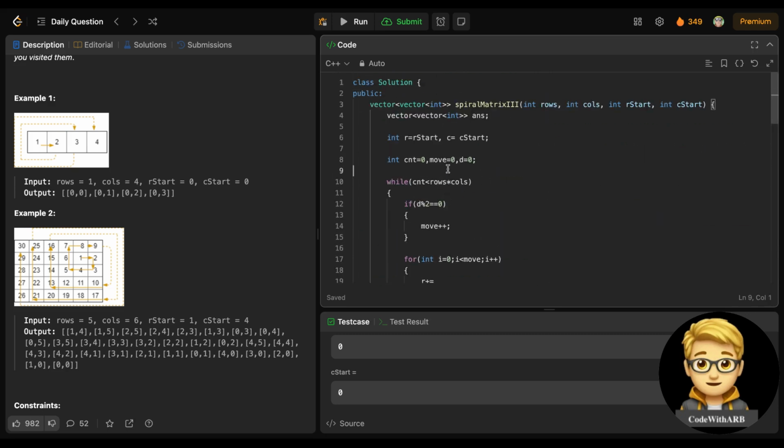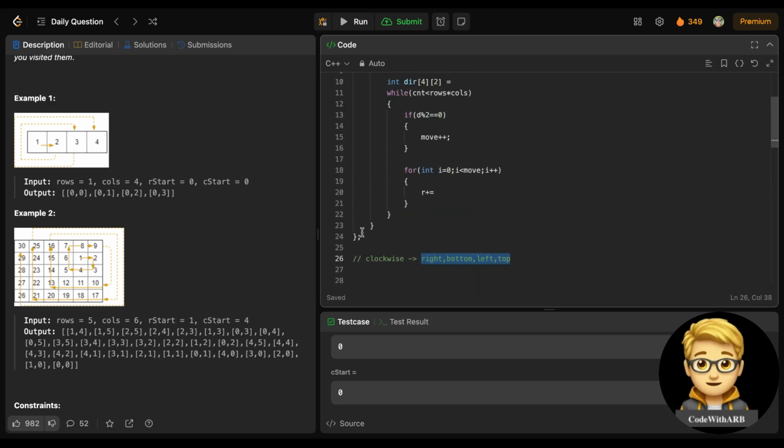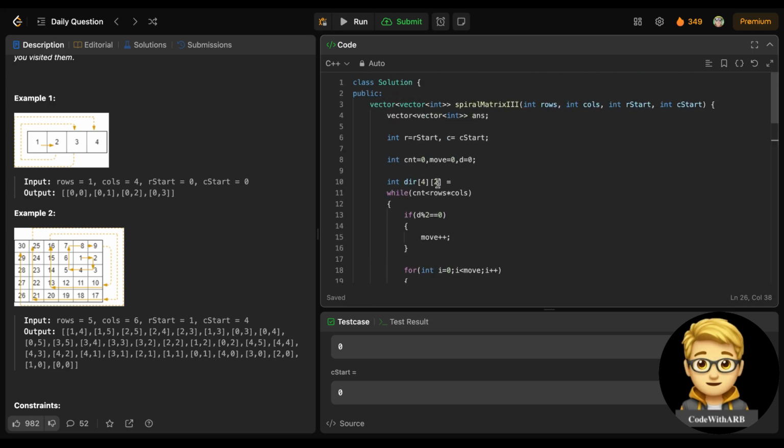So what we will do, I will just generalize this. How will I generalize this? I will just write like this, 4 2. One thing is that we are moving from right. Just copy paste this here. So first thing is right. For right going, the row will not be affected.